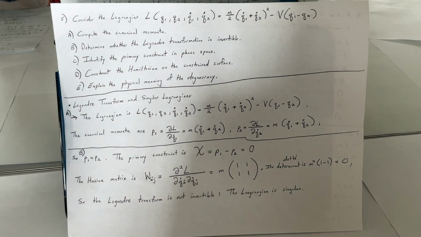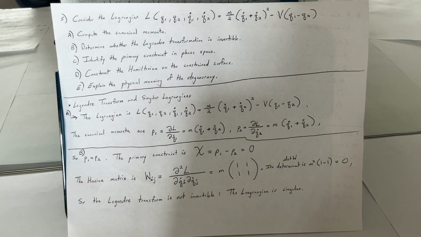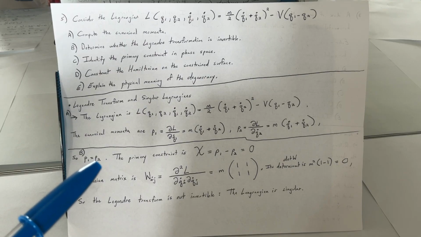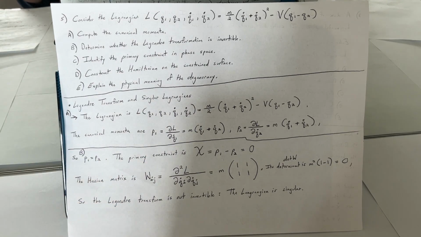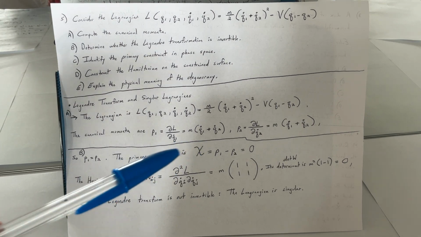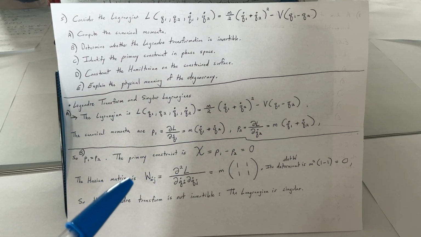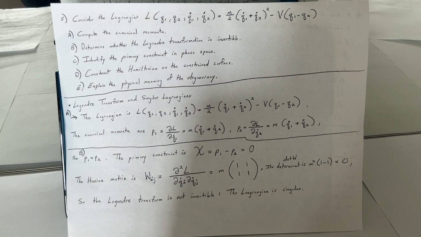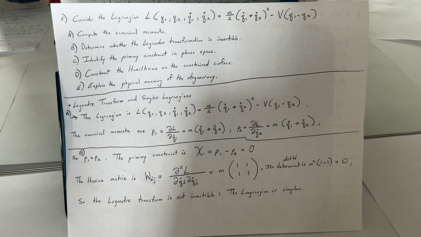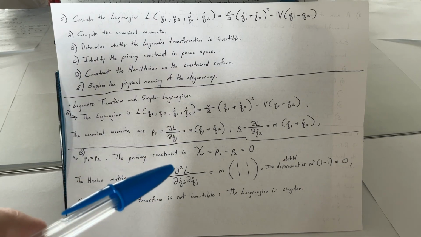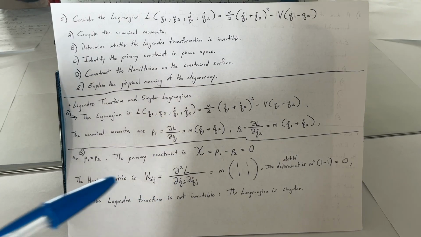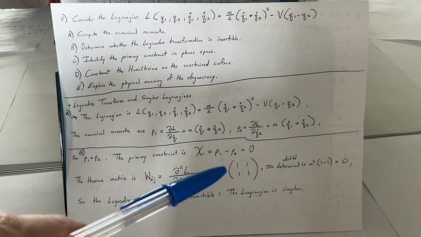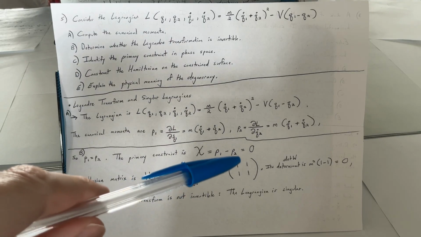Moving to part B. So again, Legendre transformation, seeing if it's invertible. So p1 equals p2. So the primary constraint is chi equals p1 minus p2 equals 0. The Hessian matrix is W_ij equals the second partial derivative of L with respect to q dot i, q dot j, and that equals m times the matrix first row 1 1, second row 1 1.